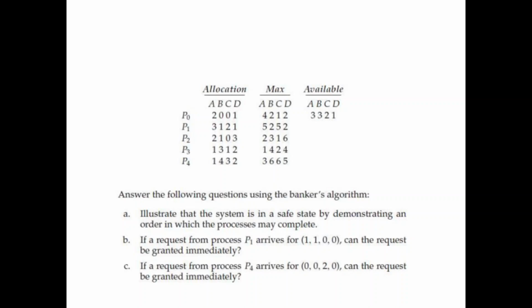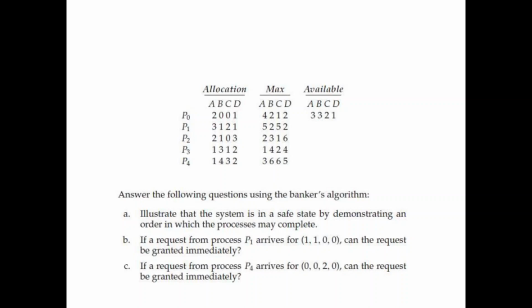We have been given the allocation matrix, the maximum resources matrix, and the available resources matrix. So the meaning of allocation matrix is that for the given set of processes, currently some resources are already allocated, and that is what is listed under the allocation matrix.